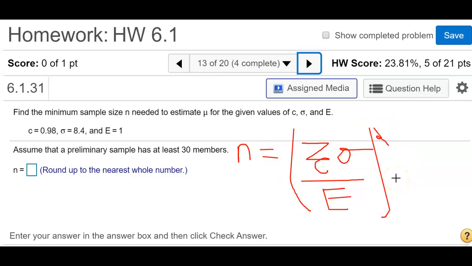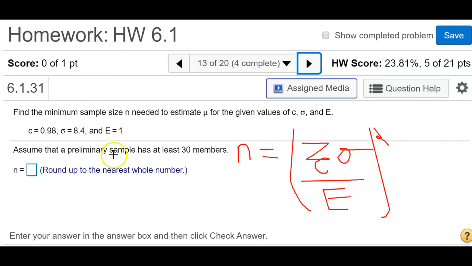What are they telling me? Find the minimum sample size that is required to estimate a population mean with given confidence. So they're telling you, what should be my sample size when I want to be 98% confident, my standard deviation is 8.4, and the margin of error should be 1.